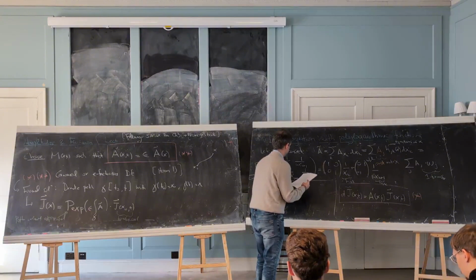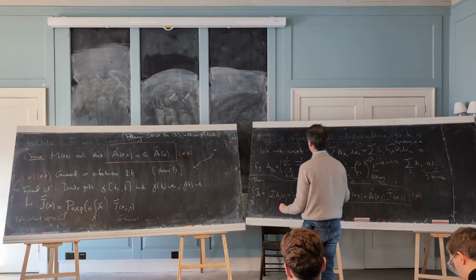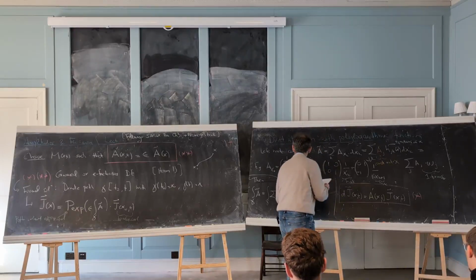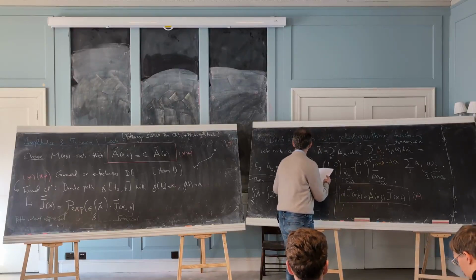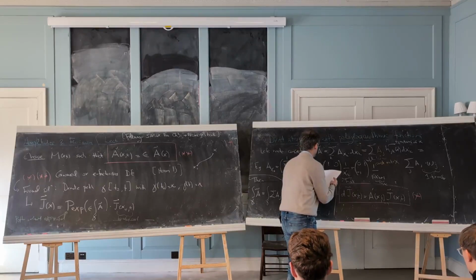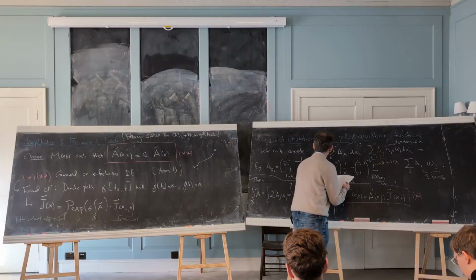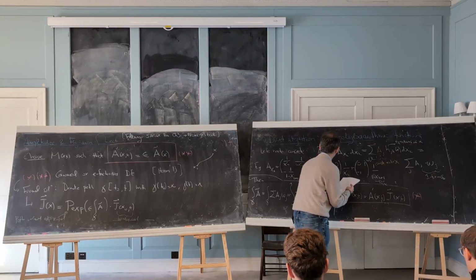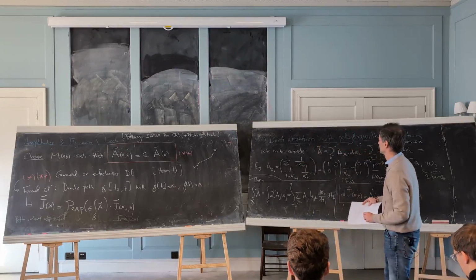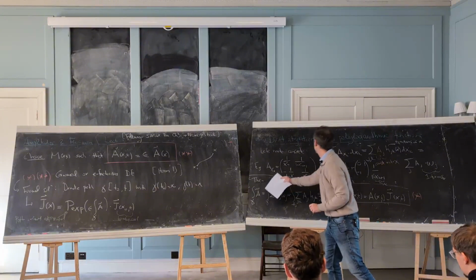Aj omega j, and integrating over this path means really taking the parameterization of the path from t0 to t, and then our matrix valued one form A tilde.